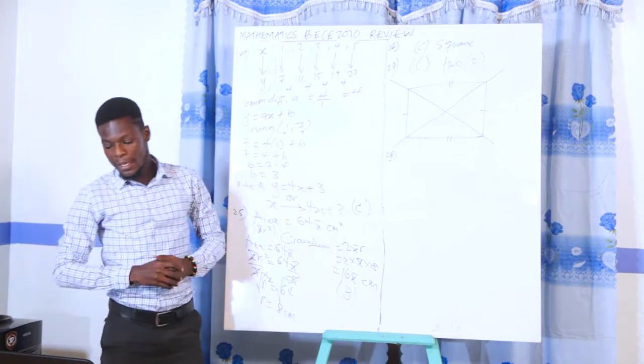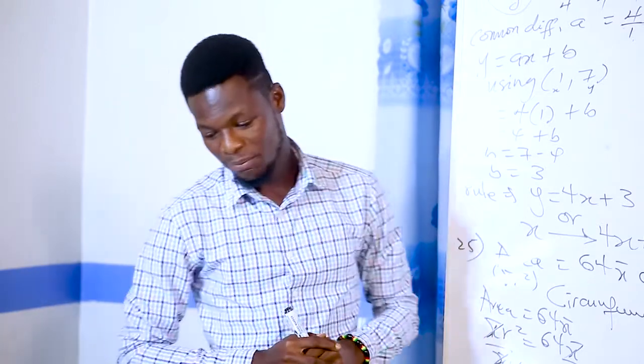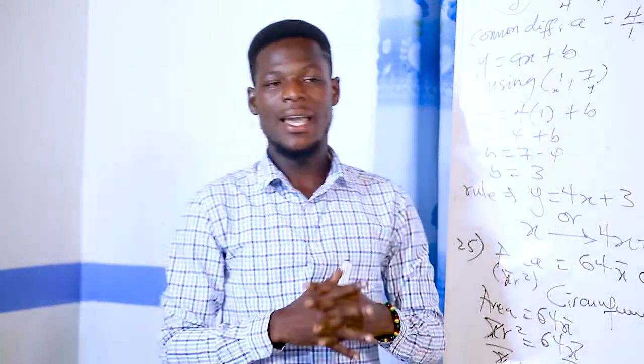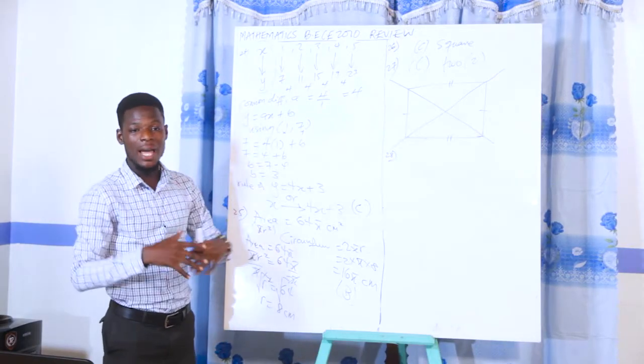28. A rectangular box has length 20 centimeters, width 6 centimeters, and height 4 centimeters. Find how many cubes of side 2 centimeters will fit into the box. So first, get the picture the question is trying to paint. We have a rectangular box.